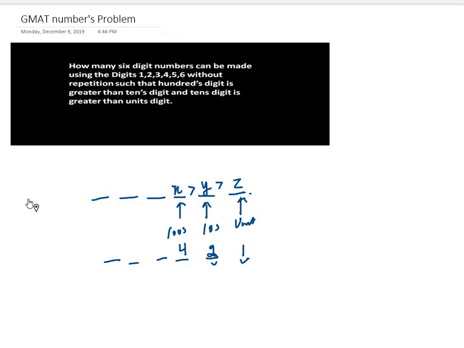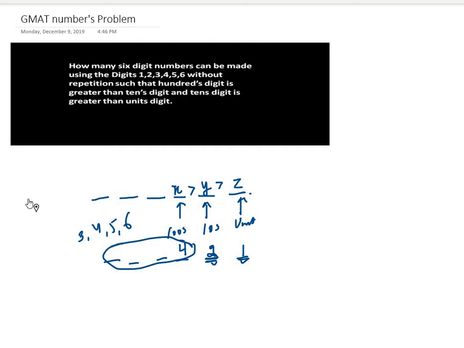So if y and z are fixed to be 1 and 2, then the remaining 4 numbers can be anything, right? Anything from the 3 4 5 6. So any combination of these 4 numbers can be there.